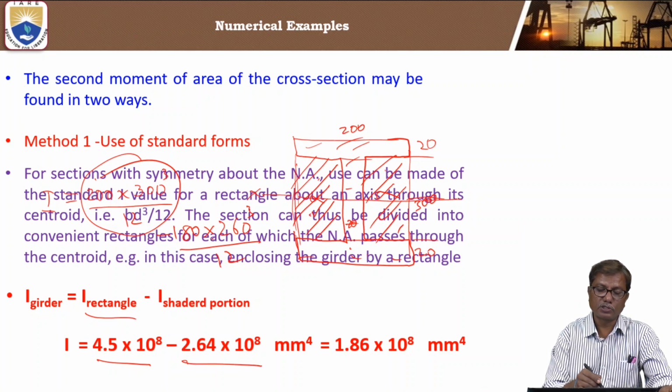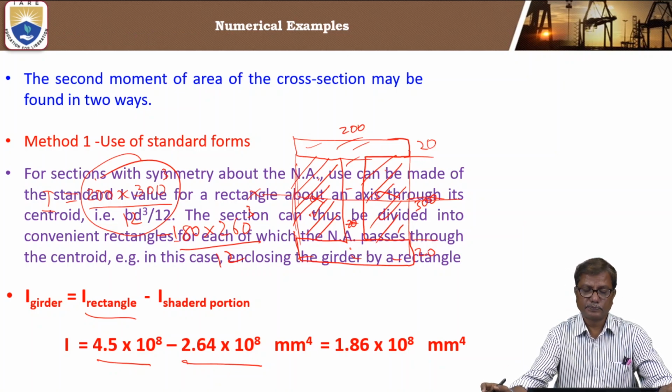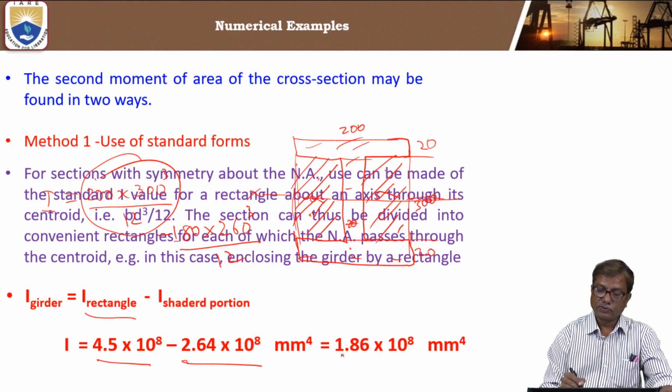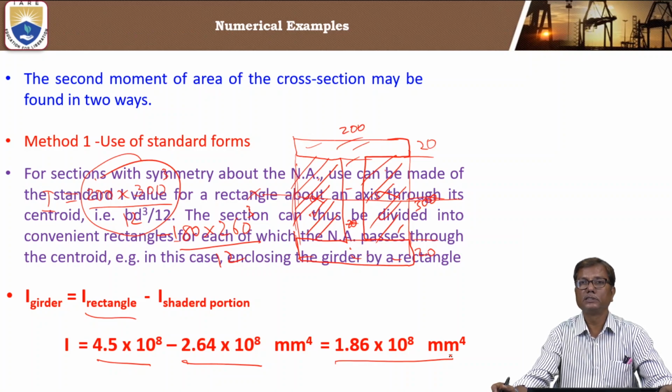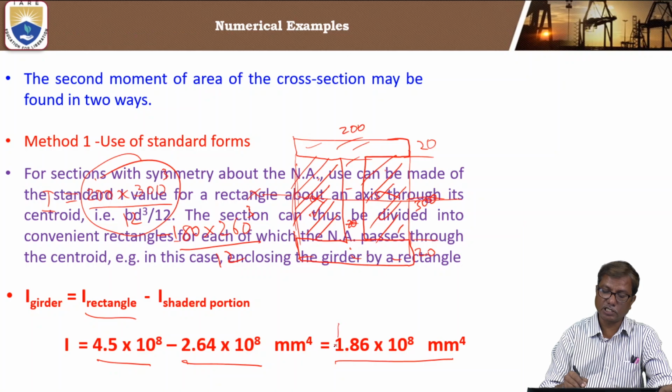And for the shaded portion, that is 180 into 260 cube by 12, is 2.64 into 10 power 8 mm to the power 4. Its value comes out to be 1.86 into 10 power 8 mm to the power 4. That is the moment of inertia or second moment of area.